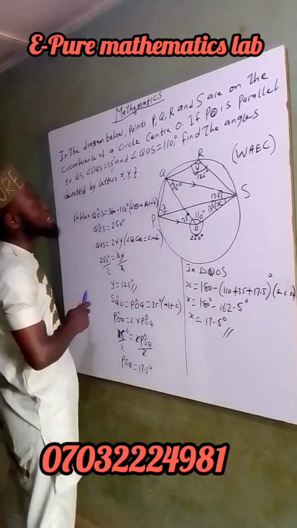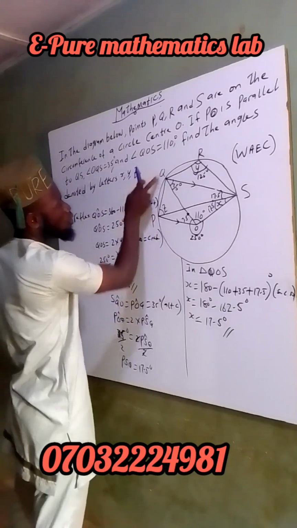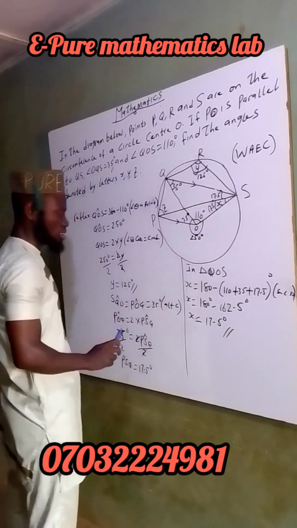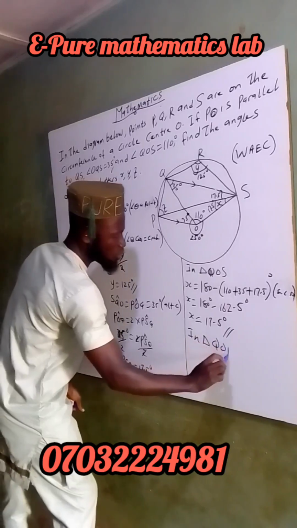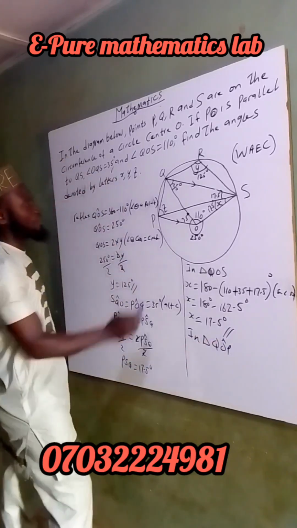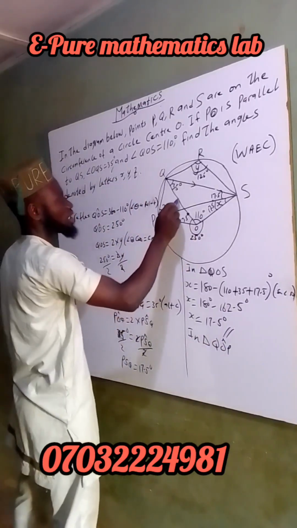How can I find Z? By saying in this triangle QOP, I can find QPO because this is a radius, this is another radius.